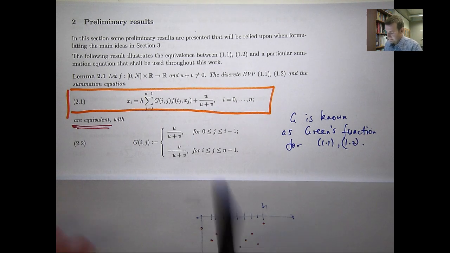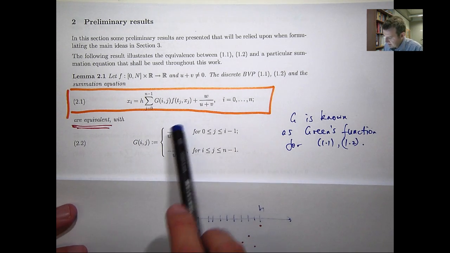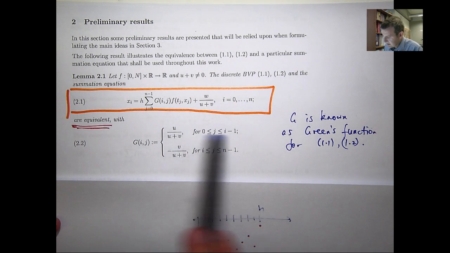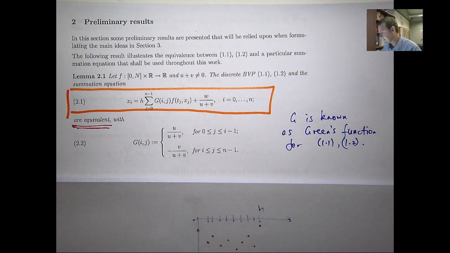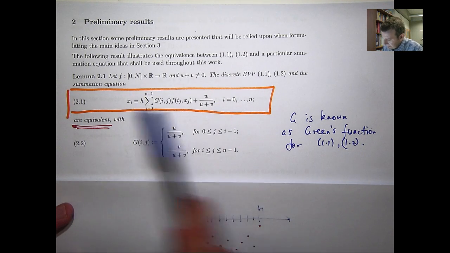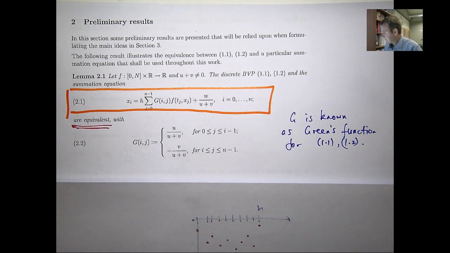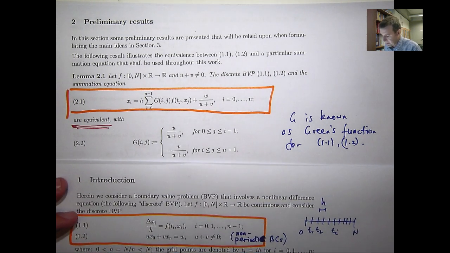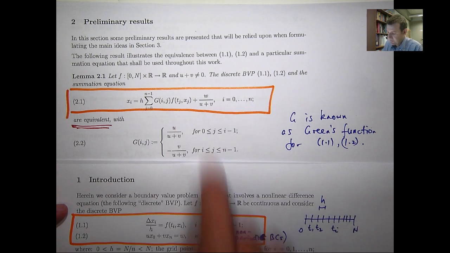Now note that g is defined with u and v all constants here. So g is defined in a piecewise constant way, and as a result it's simple and pretty easy to work with. So that's reasonably desirable. Now, you might think, why do we want to show some sort of equivalence between this problem and this problem?